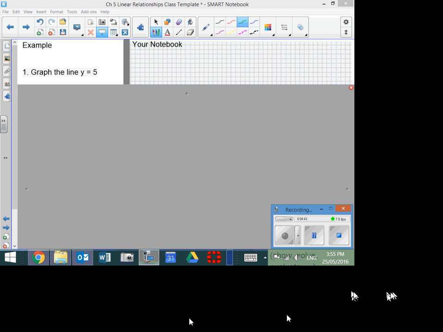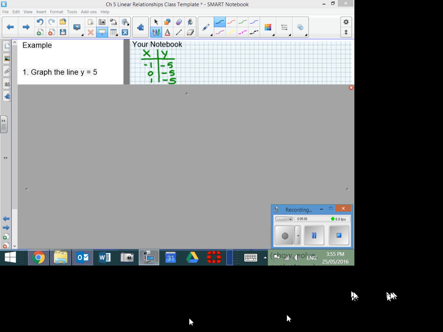So if I were asked to graph the line y equals -5, notice that all of my y values would have to be -5. So if I just made a quick table, I could pick any numbers for my x, but my y always has to be -5. So I could choose any values for my x. So let's say I might choose -1, 0, and 1.